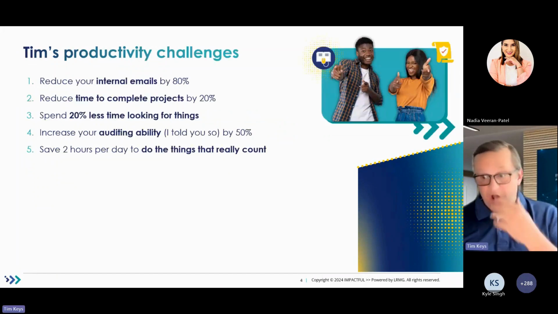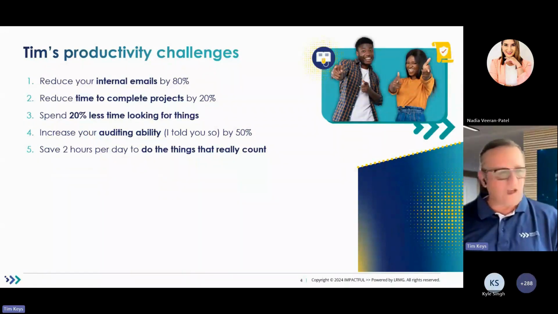So let's start with the productivity challenges. I would like you to consider this inside of your business because these numbers can be hit. I've proved it, because where we work with our clients, we set these targets and we show people how to do this. The first one is your internal mails. You need to reduce them by at least 80%.